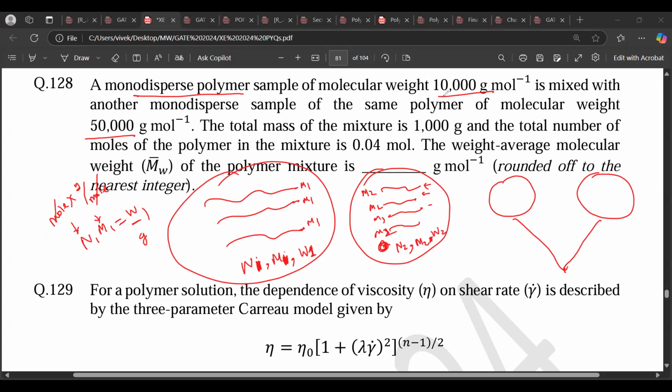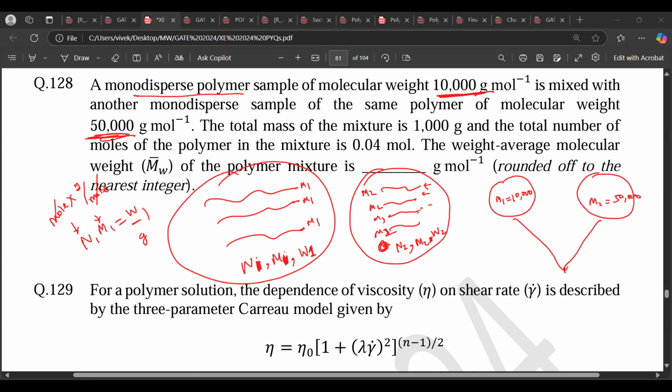So in this sample, M1 is given, right? M1 is 10,000 because each polymer chain has M1. Same, monodisperse with another. So M2 is 50,000.